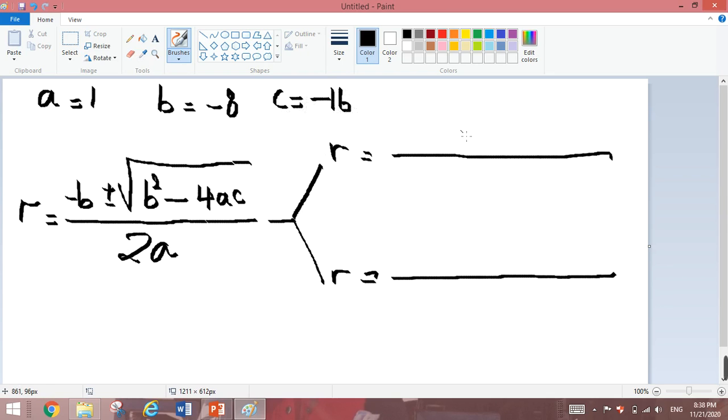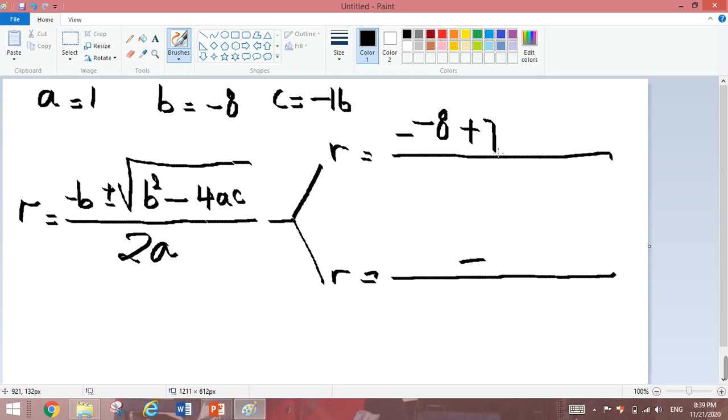So one time we're going to substitute here as plus and here as minus. So minus b, so it means minus, this is part of my equation, and the value of b is negative 8.